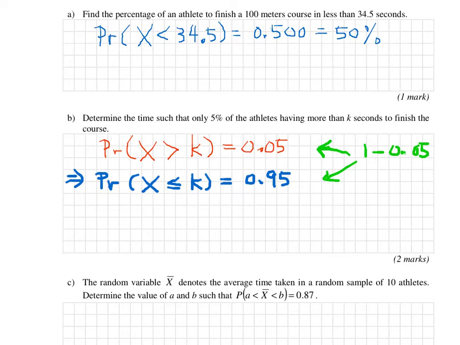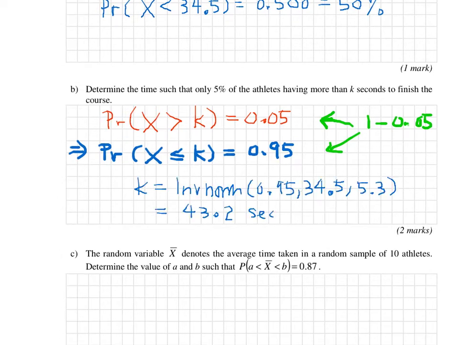We won't be able to find this directly, so we switch to where x is less than k, aiming to find the value of k. Using technology, we use the inverse normal with 95%, and the mean and standard deviation, giving 43.2. That means about 5% of the athletes would be running 43.2 seconds or even longer.